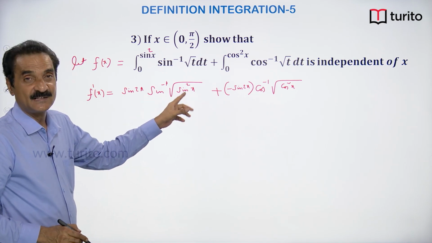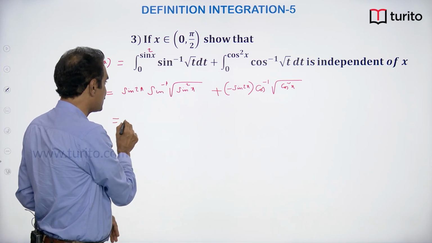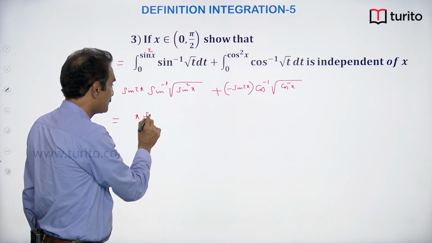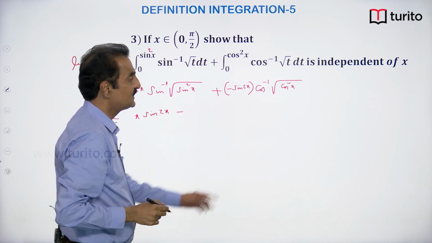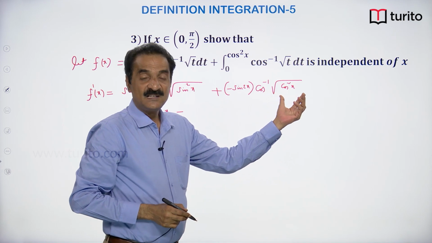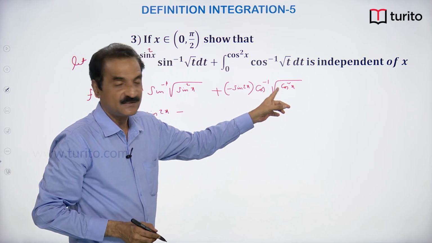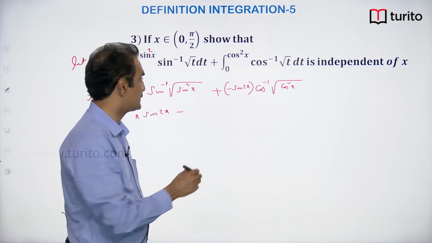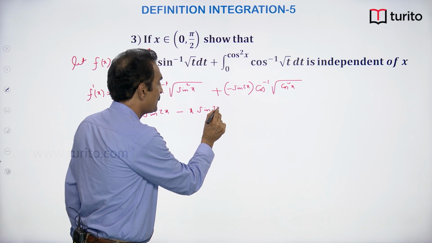Sin inverse of sin x is x. So this will be x into sin 2x. Plus into minus is minus. Cos inverse of cos square x root is also x. Root cos square x is cos x. Cos inverse of cos x is x. So it will be x sin 2x.